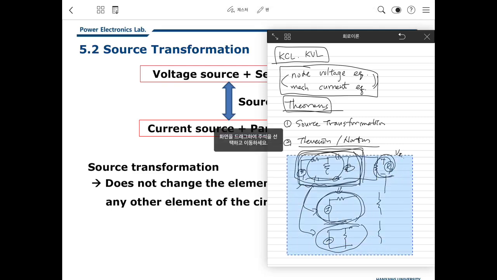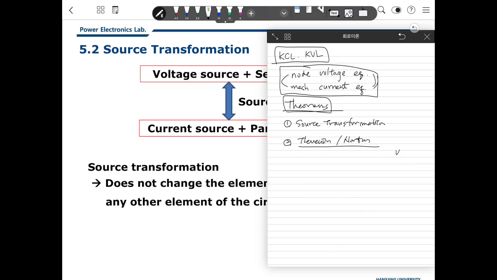And the third thing is maximum power transfer. That means there is one source here and some circuit here, and we have the target resistor here. Our target is to transfer the maximum power to RL.